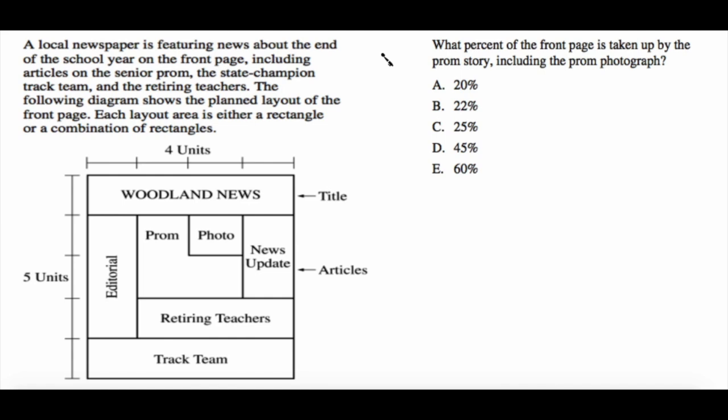Okay, let's talk about this. So let's look at the section that is the prom and the photo out of all of this here. So this whole box right here is what we want to focus on. We're trying to figure out what percent of the whole this takes up. So the first step would be to calculate the area of the entire front page.